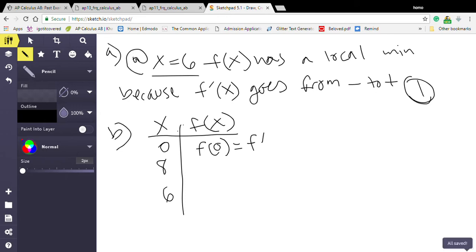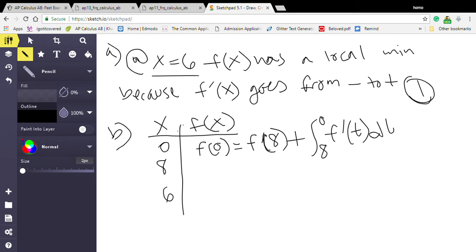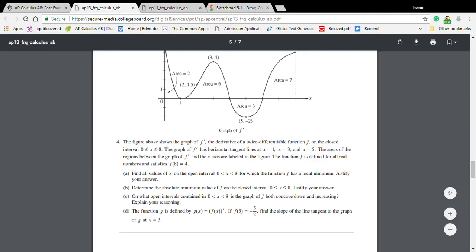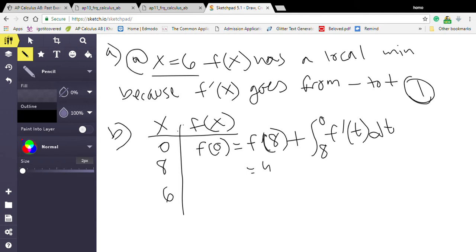So f of 0 equals f of 8 plus the integral from 8 to 0 of f prime of t dt. The question gave us f of 8, which is 4. Since we're going in reverse, we want to make it from 0 to 8.